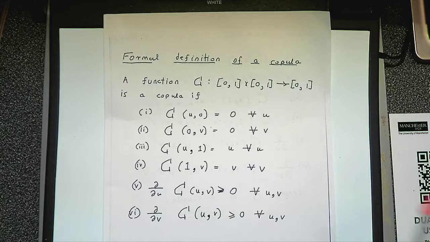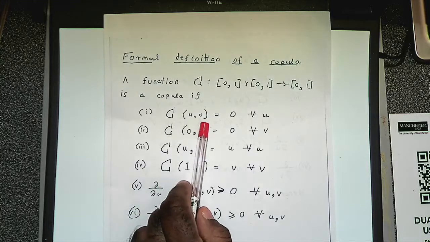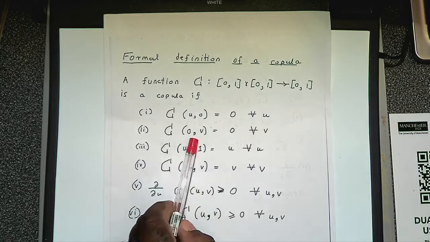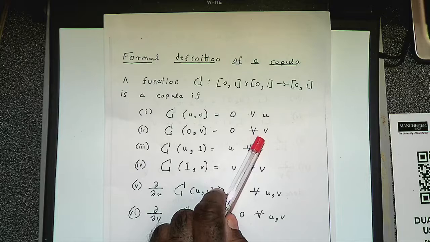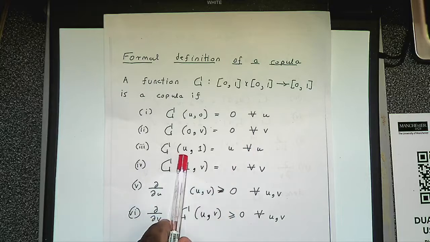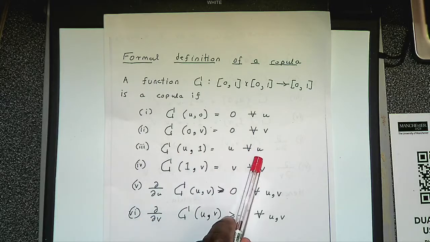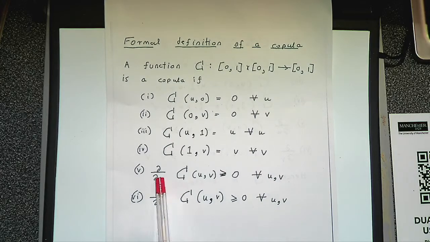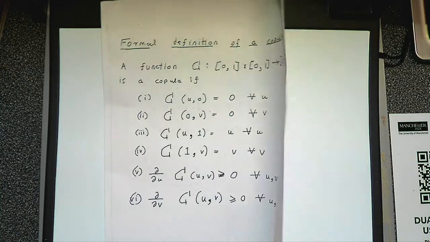The first property is that C at u comma 0 is 0 for all u, C at 0 comma v is 0 for all v, C at u comma 1 is equal to u for all u, C at 1 comma v is equal to v for all v, and the partial derivative of C with respect to u is non-negative for all u and v, and the partial derivative of C with respect to v is also non-negative for all u and v.